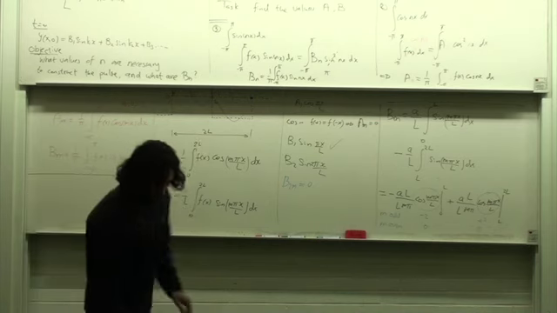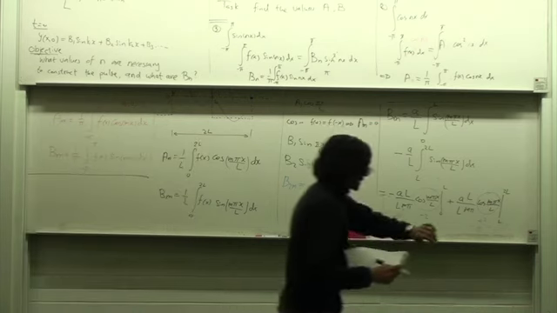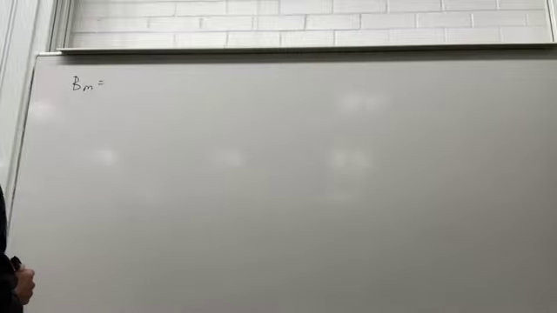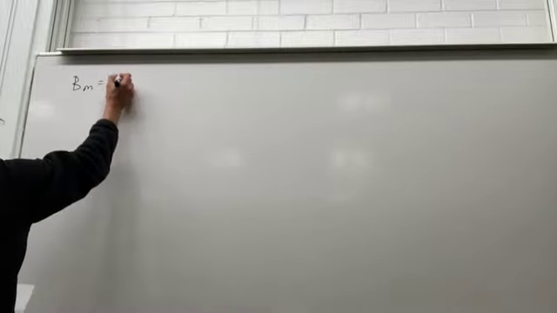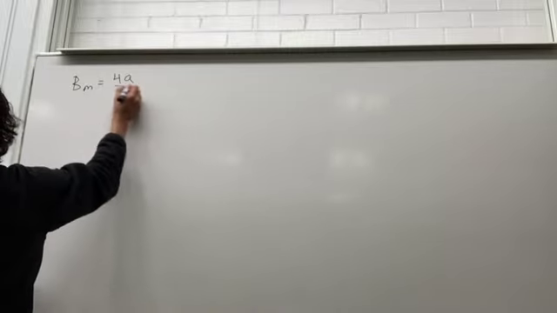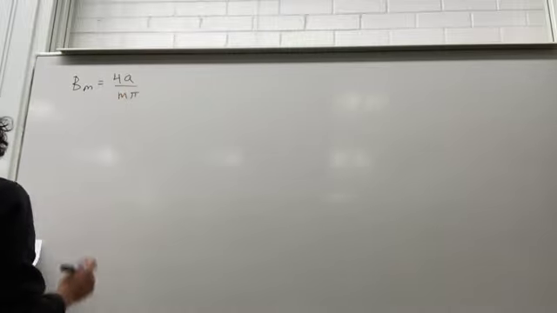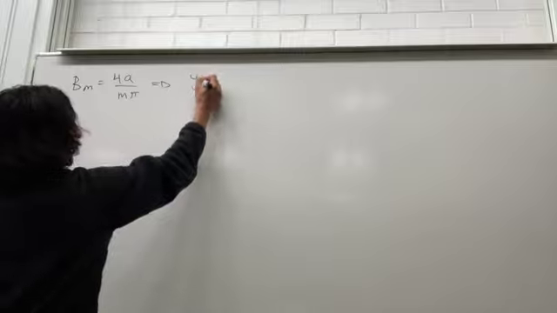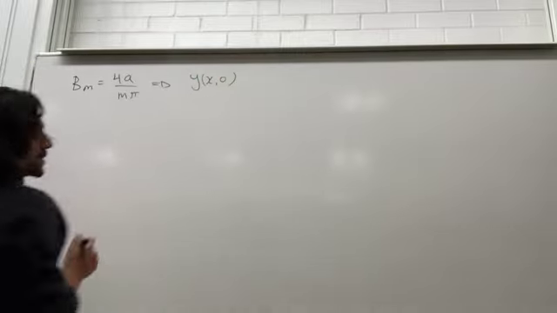Okay, so now we can write Bn, which is 2a plus 2a, that gives us 4a over m pi, which means now we can write our function y at t equals 0.